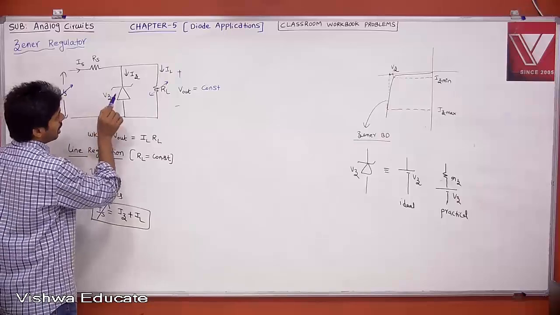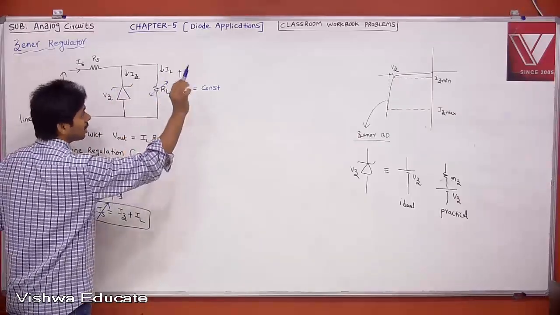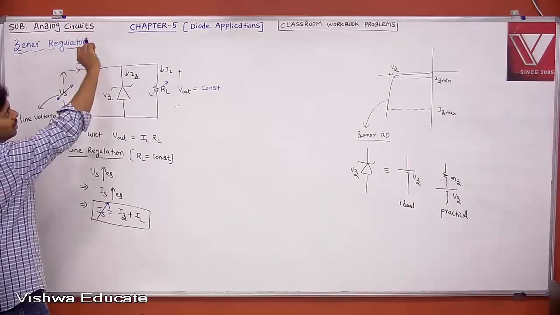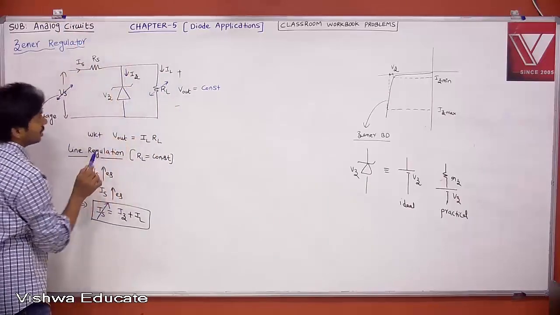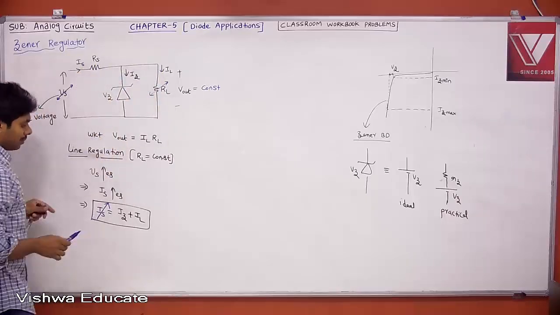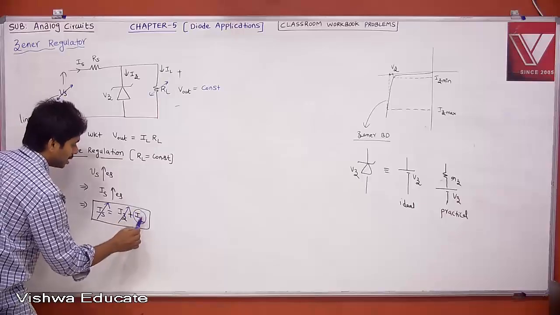And we know that a Zener diode is nothing but a battery. In parallel, voltage is constant. To make Vout constant, whatever extra current you are getting from your source will be bypassed by your Zener diode. Only the Zener current will increase, not IL. Therefore, only the Zener current will increase and your IL will be constant.